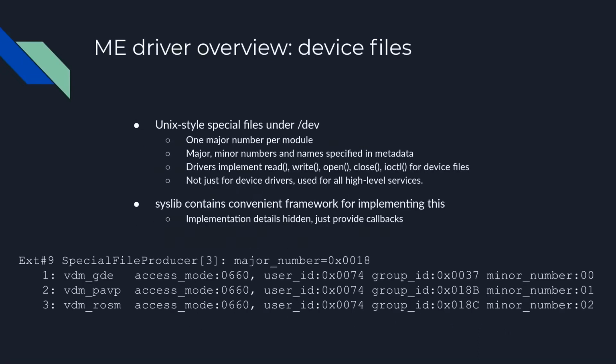Right, so then for device files, they're actually defined in the manifest. When the kernel loads a program and that program wants to expose some kind of interface to other programs, its manifest, or its metadata file, will contain a special file producer entry, and that says you have these device files with a name and an access mode and a user and group ID and everything, and the minor numbers.